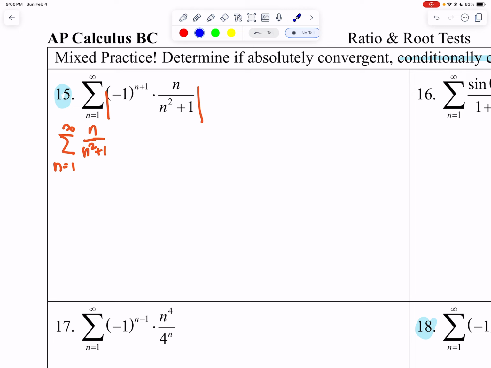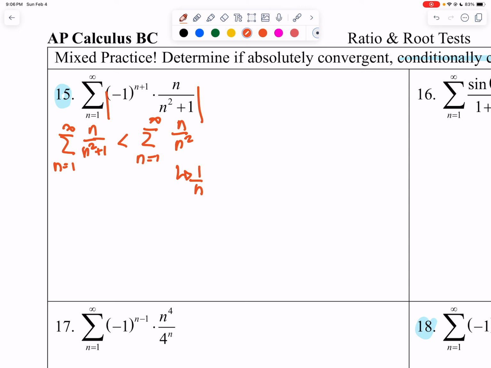This right here kind of looks like a p-series, but it kind of looks like a comparison p-series. So let's go ahead and try to do a comparison and see what happens here. So we have n over n squared, which is going to be the same thing as 1 over n. And we know that 1 over n is a divergent harmonic series.